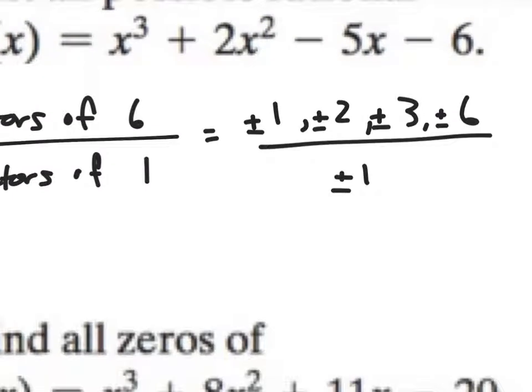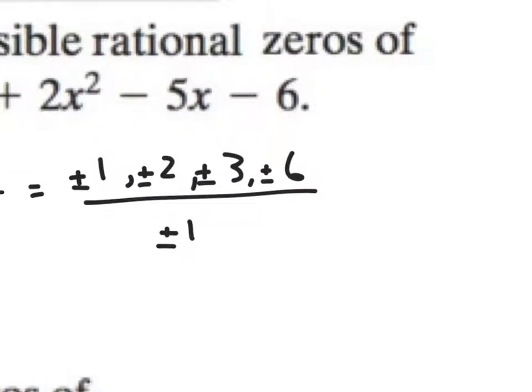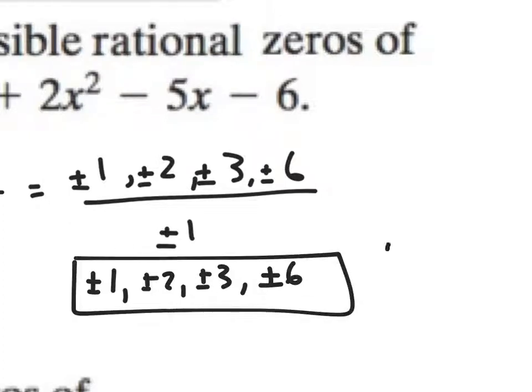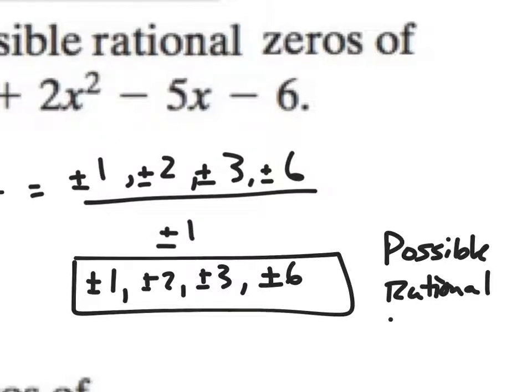You could leave it like that, but what you can do is this: 1 divided by 1 gives us plus or minus 1. 2 divided by 1 is plus or minus 2. 3 divided by 1 is plus or minus 3. And 6 divided by 1 is plus or minus 6. So these are my possible rational zeros. These are possible values where the graph is going to cross the x-axis.